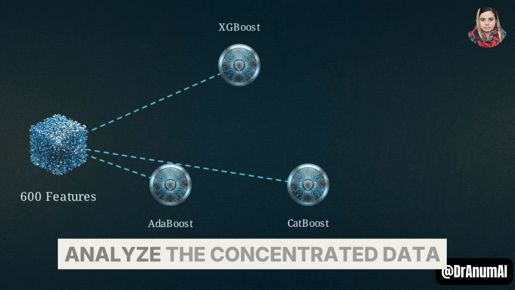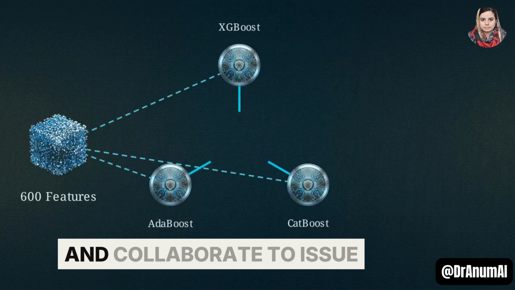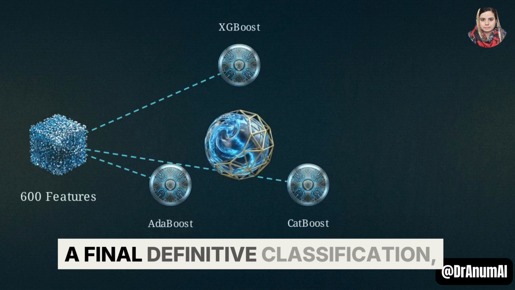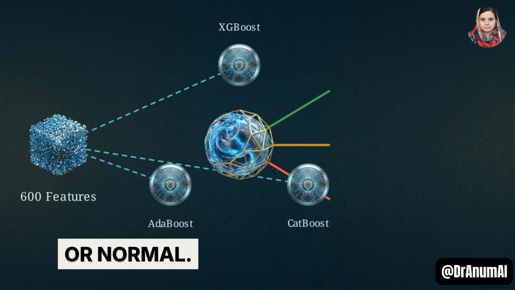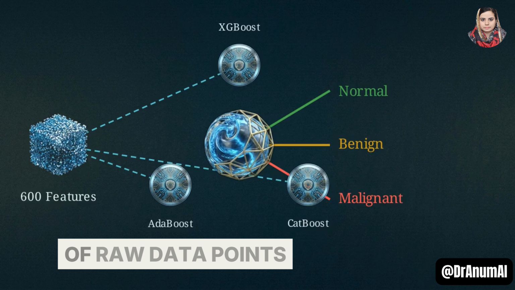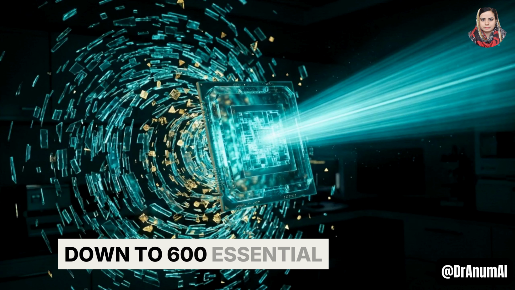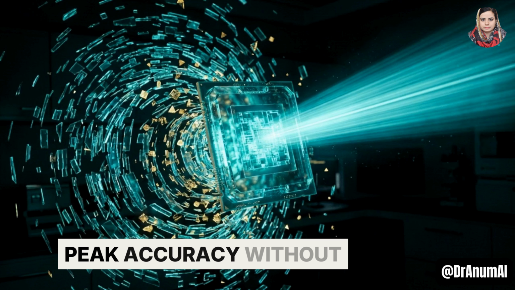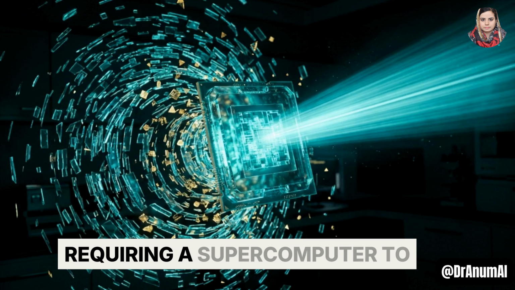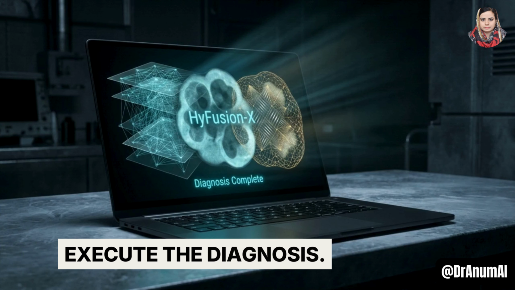These three algorithms analyze the concentrated data and collaborate to issue a final definitive classification: benign, malignant, or normal. Distilling hundreds of thousands of raw data points down to 600 essential signals ensures the framework maintains peak accuracy without requiring a supercomputer to execute the diagnosis.